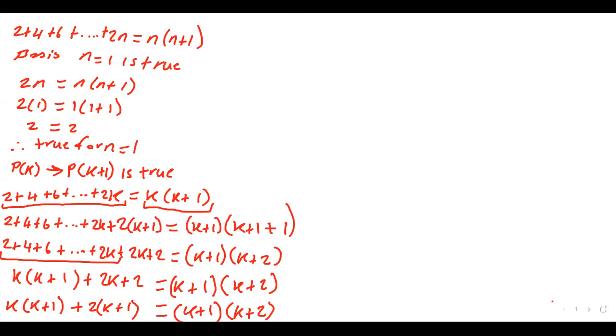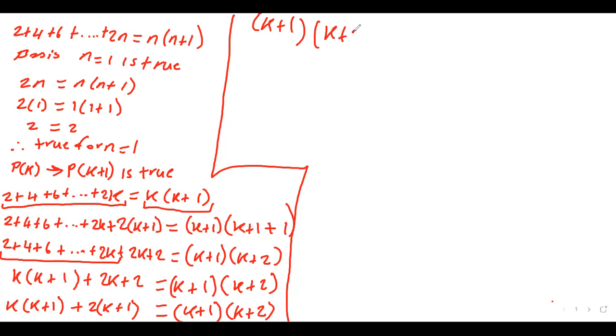All right, so based on the fact that we have the same thing in the bracket here twice, we can just write it down once. So we have k plus 1 into k plus 2, and that's equal to k plus 1 into k plus 2.